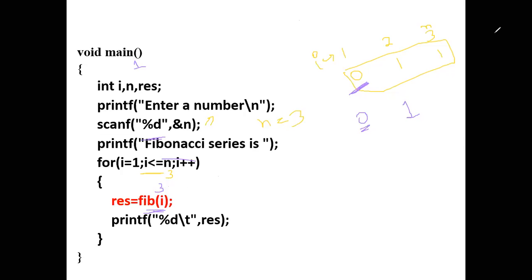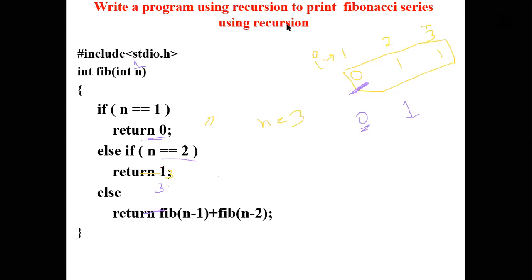Which will be copied to this function. Now the value stored in n is 3. From I we are copying the value to n, which is 3. Now it will check the condition 3 is equal to 1. The condition fails.